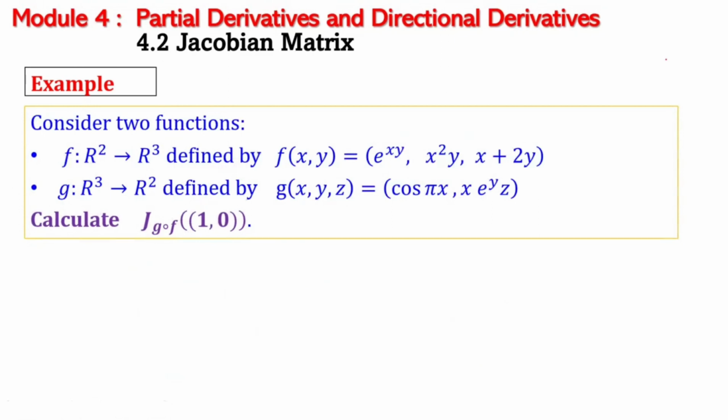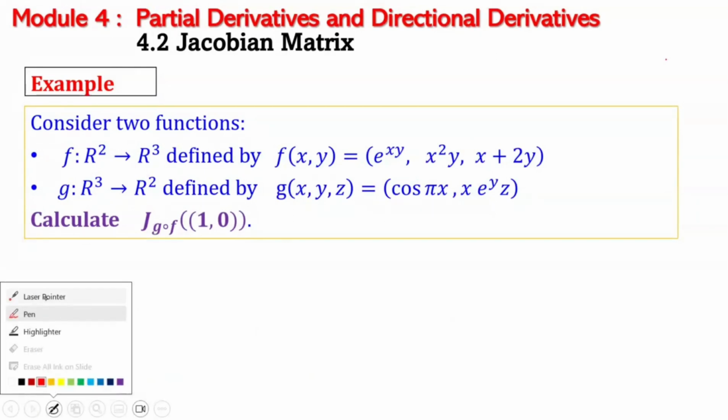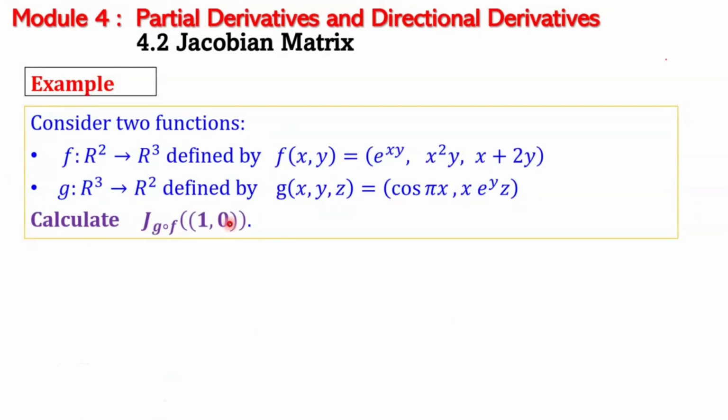Now we have an example where we have to find the derivative, the Jacobian, of the composition function. We are given the function f from R2 to R3, defined as e to the power xy as the first component, x squared y as the second, and x plus 2y as the third component.